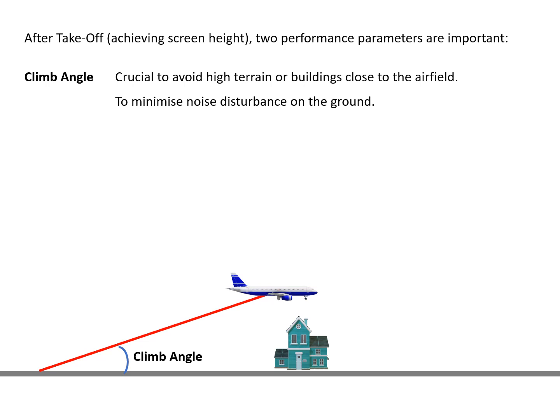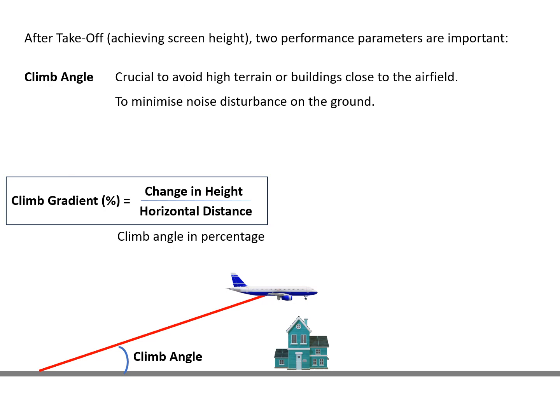Climb angle is crucial to avoid high terrain or buildings close to the airfield. You can see on the lower side of this slide how the climb angle is defined. The climb angle is also important to minimize noise disturbance on the ground because, for example, Heathrow Airport is very close to a residential area, and the climb angle needs to be considered to avoid noise disturbance to the residents.